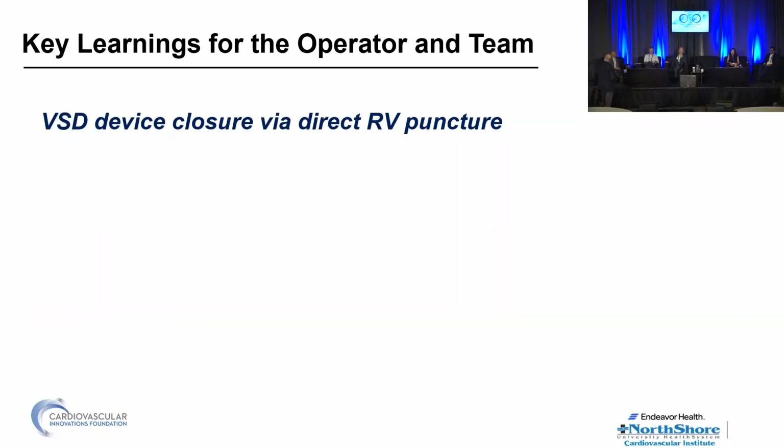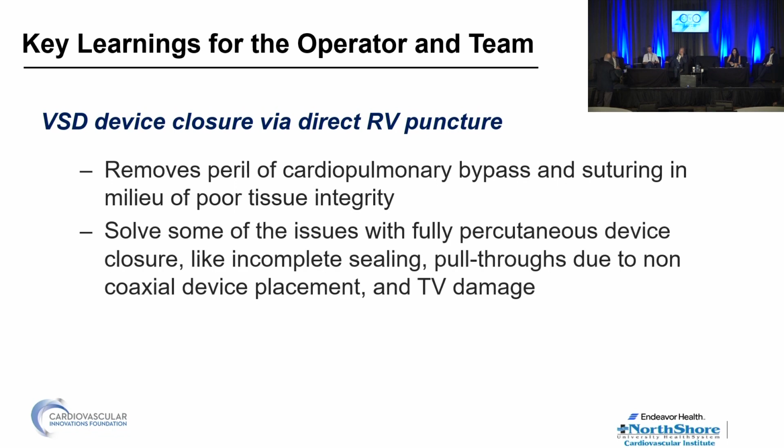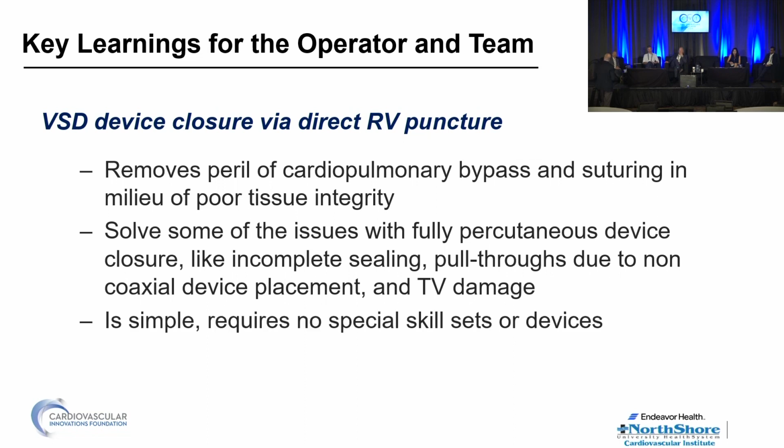So key learnings for me here is that VSD device closure through a direct RV puncture removes all the peril of cardiopulmonary bypass in the setting of an infarct, especially when they have RV involvement. You don't have to sew into this milieu of friable tissue. It solves some of the issues with a fully percutaneous device closure, like incomplete sealing, the pull-throughs I talked about, non-coaxial deployment, and the damage to the tricuspid valves we're all real sensitized to.